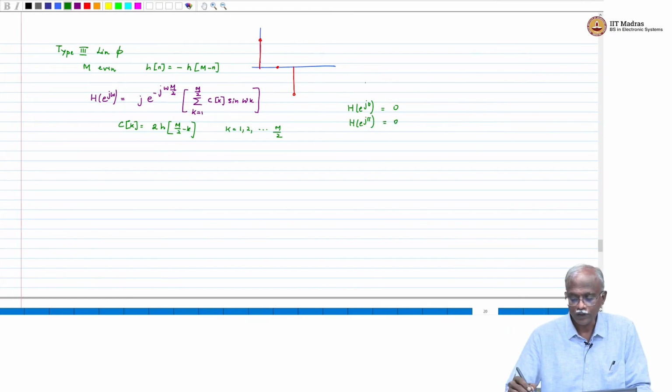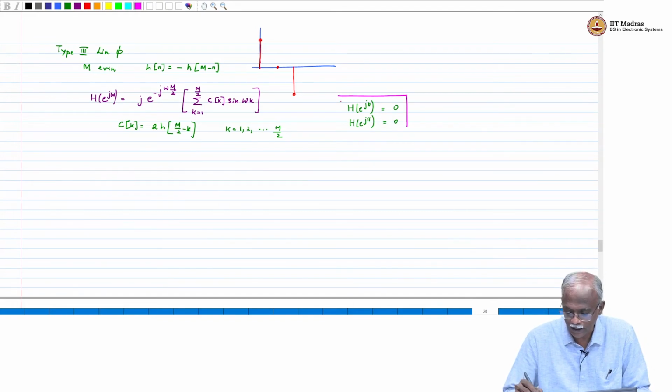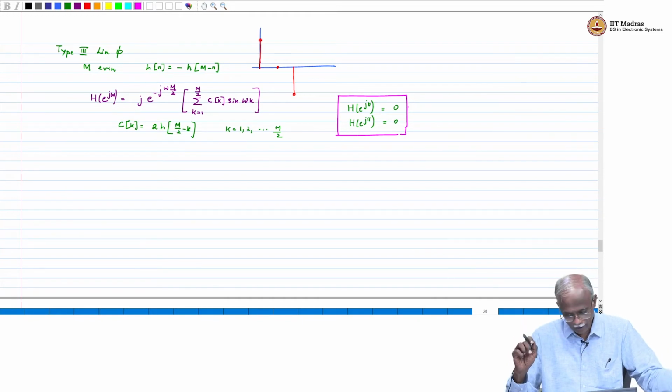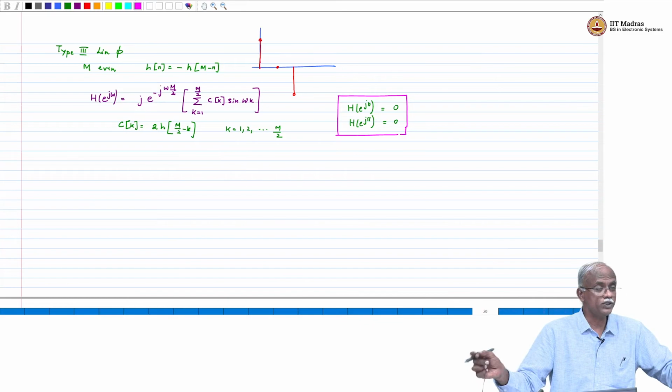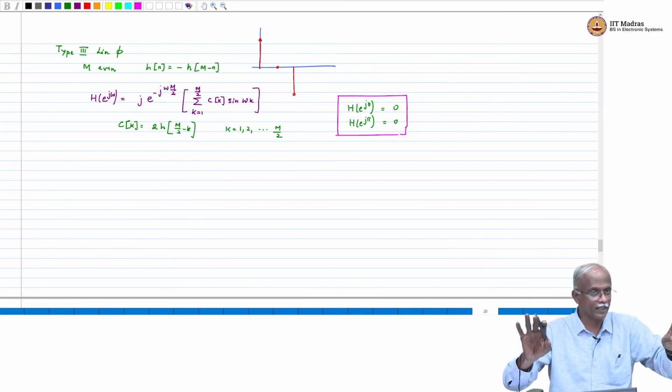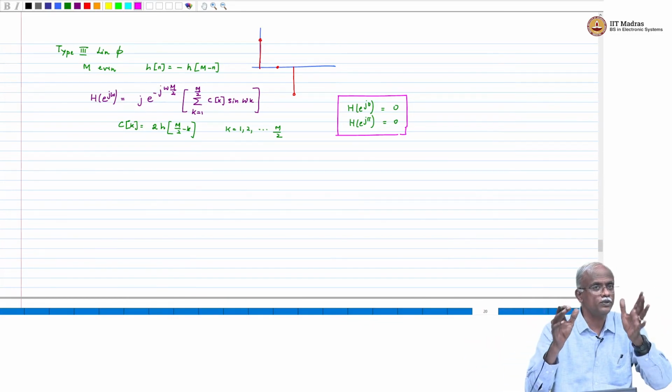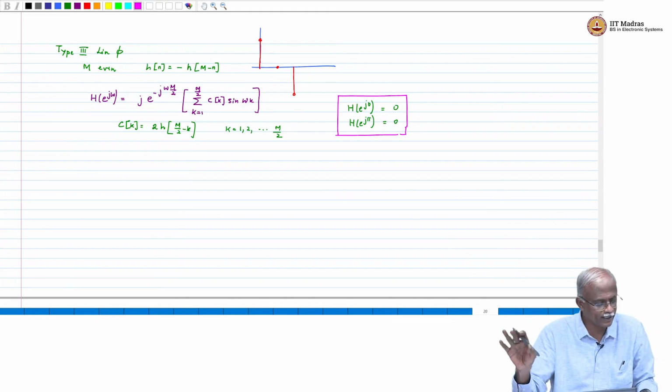This will be equal to 0. So, this particular class of transfer functions has got a double constraint. Type 3 linear phase has got 0 at omega equal to 0 and at omega equal to pi. You cannot do low pass, you cannot do high pass, you can do band pass. You can do other things, but you cannot do high pass or low pass. There is a constraint that you have.